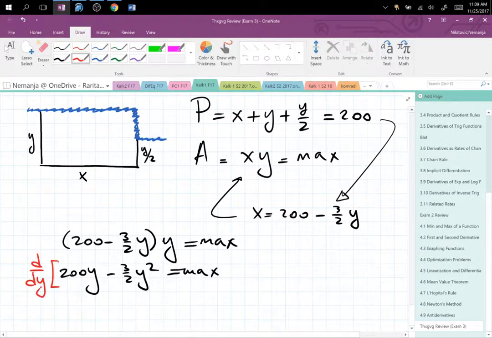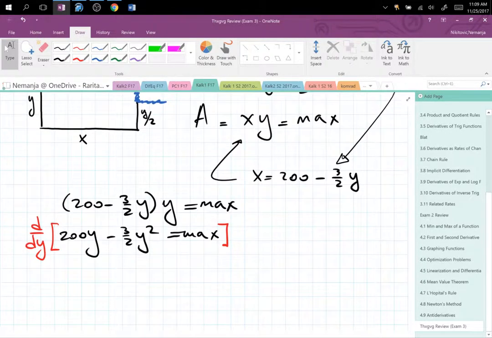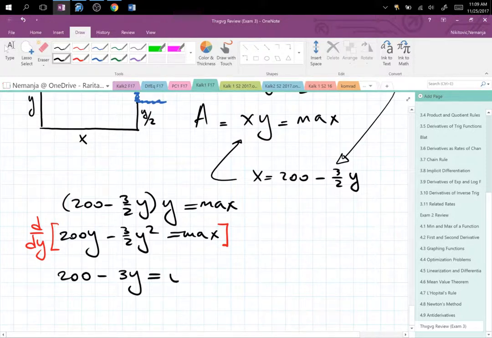And now it's a dy derivative because we are with the variable Y, and we are going to figure out Y first, and then go back, figure out the length of X. So the derivative is 200 minus 3Y is equal to 0. From where clearly Y is equal to 200 over 3.